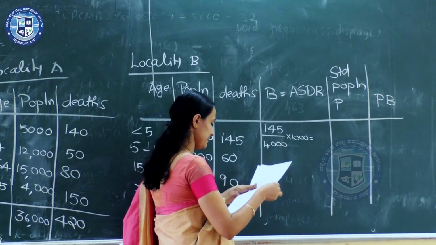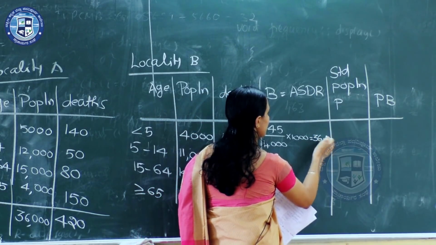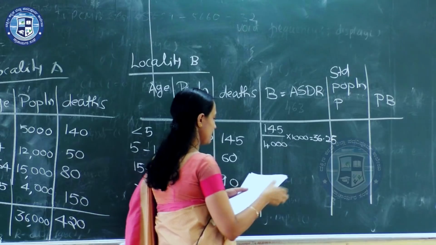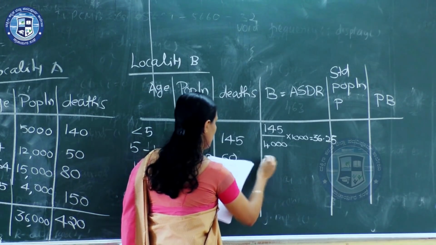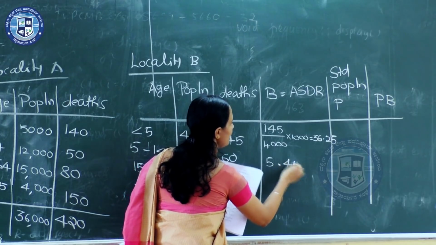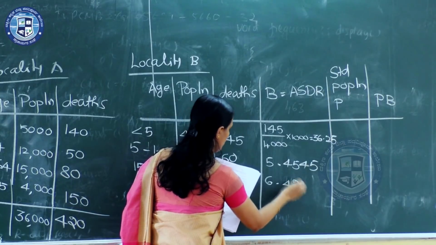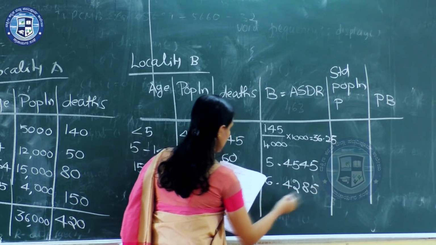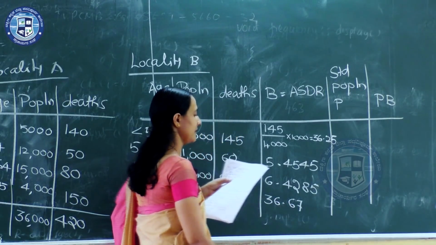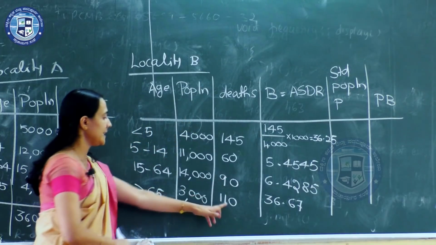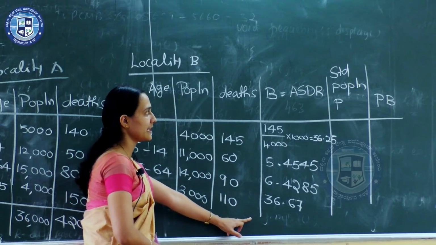Answer is 36.25. Next 5.4545. Similarly 6.4285. Next 36.67. See, this is 110 divided by 3000 into 1000. That is age specific death rate.